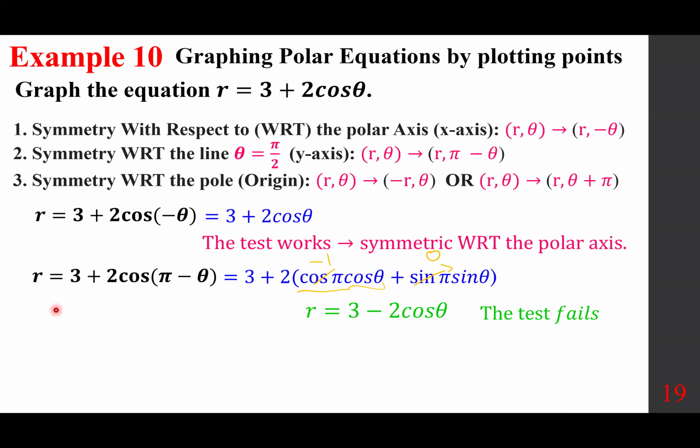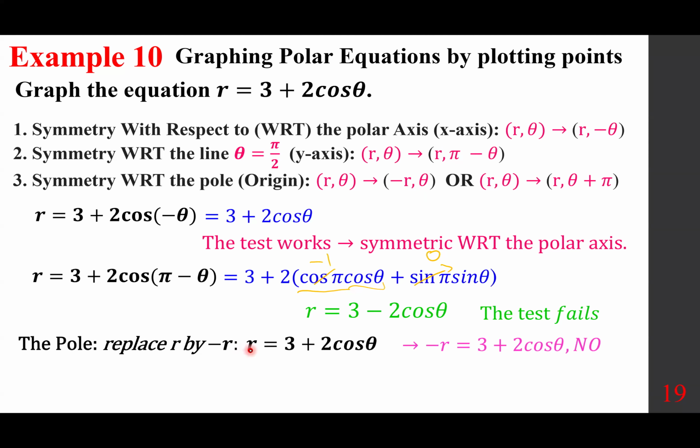Let's check it out with the third case. So we are going to replace the r with negative r. Again, just testing the symmetry for practice. And so we get minus r, but 3 plus 2 cosine theta, nothing happens.